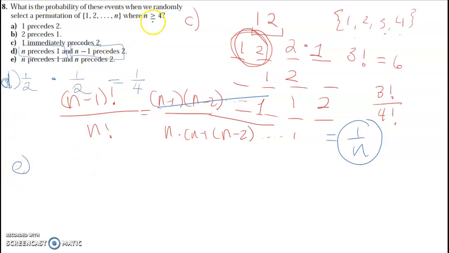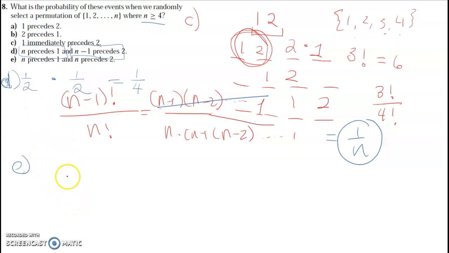Even though this is given as n should be greater or equal to 4, our answers should be the same. One of the examples I gave in the previous video is when n equals 3.